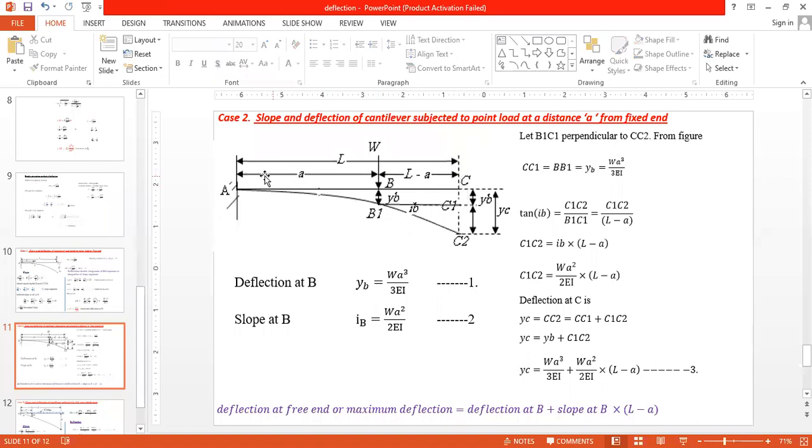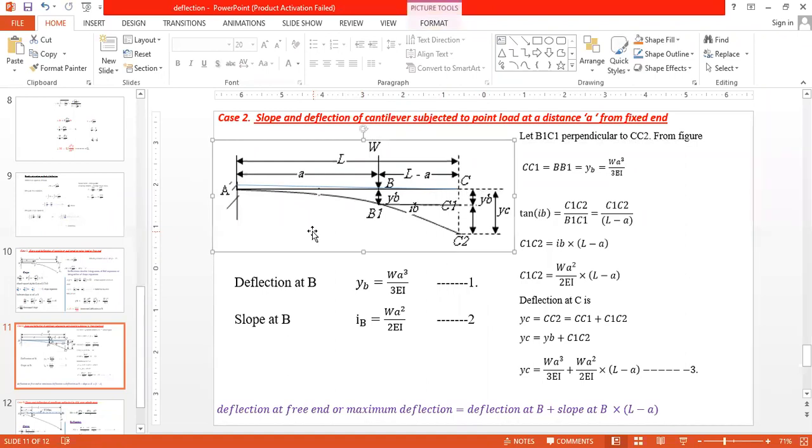Now here, slope and deflection when the load is at any distance A from the fixed support. Now consider cantilever AC, this straight line. This straight line A to C is a cantilever.